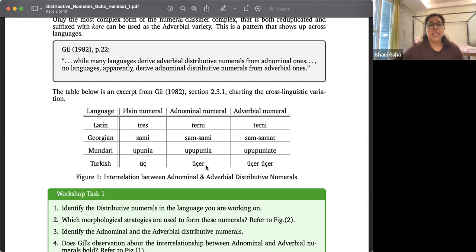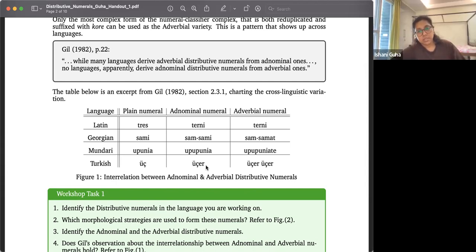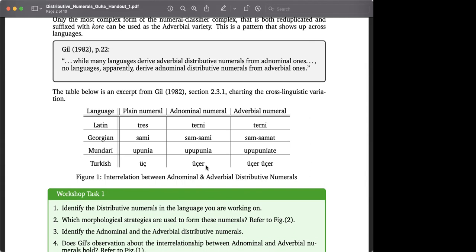Okay. So the reduplication has different functions, right? In Turkish and in Latin, right? So to get the adnominal, one is forming using a reduplication in Georgian and Mundari. Right, and to get the adverbial, one is forming the reduplication.